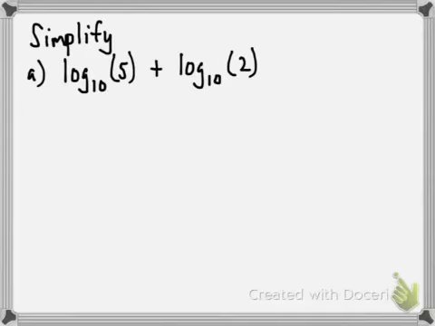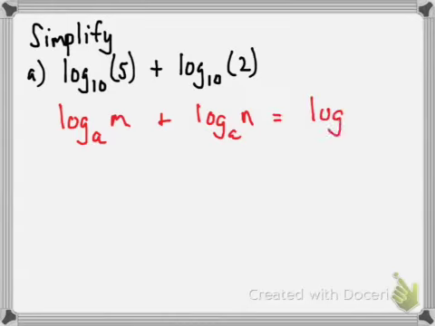Simplify it. Now, here we're going to use the rule, use A to start with here. You saw a rule a little while ago, and I'm sure you're familiar with it, and it can work both ways.